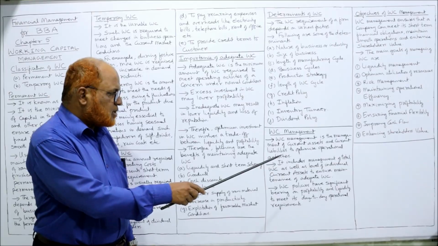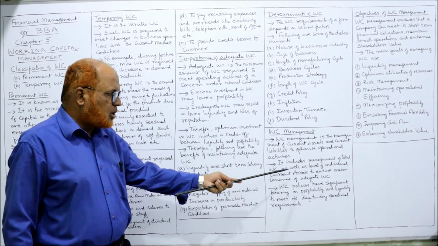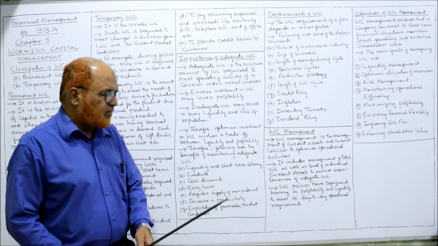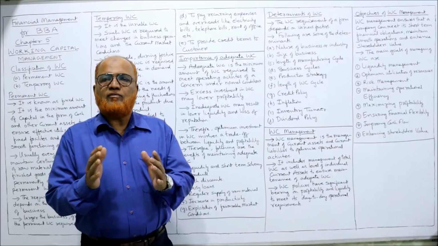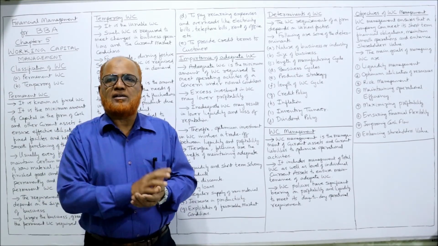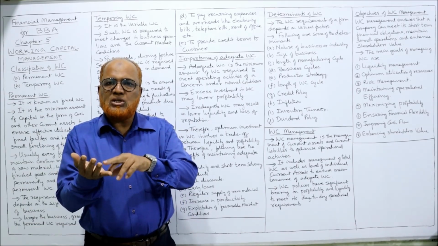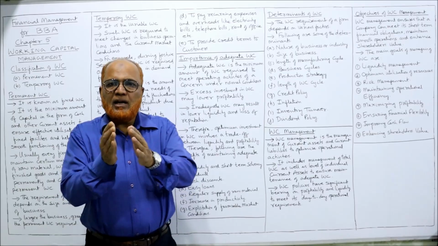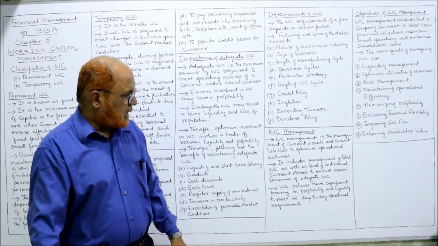Then it includes management of total working capital as well as the level of individual current assets to ensure maintenance of adequate working capital. So, management of working capital requires individual management of current assets: managing cash, managing accounts receivable, managing inventory. Individually we are controlling and managing the working capital.